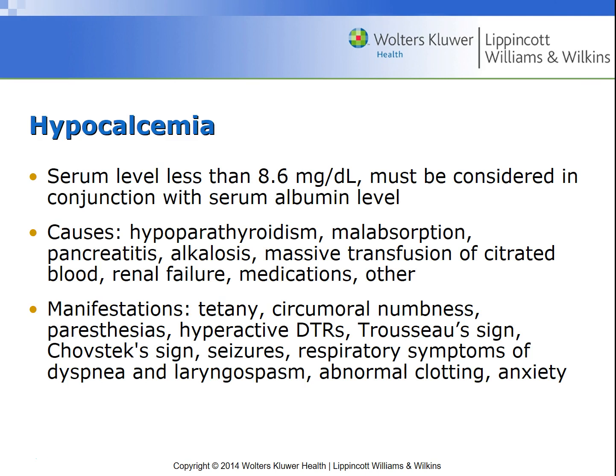Things to look for are tetany, circumoral numbness, and that's due to the fact that the anticoagulant is binding to the calcium. The calcium is actually being excreted. Paresthesia, hyperactive DTRs, the Trousseau sign, Chvostek sign, which I believe are found on page 259.